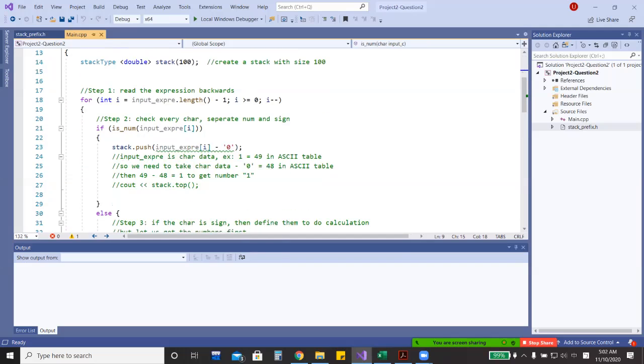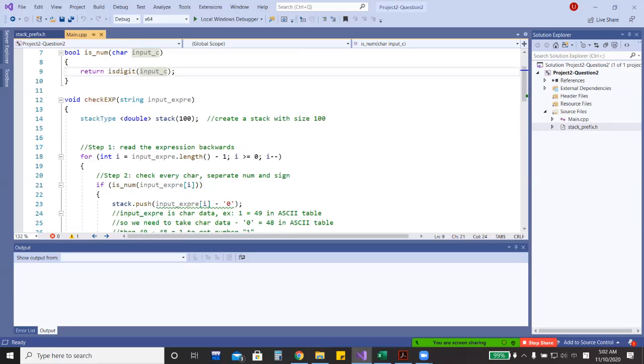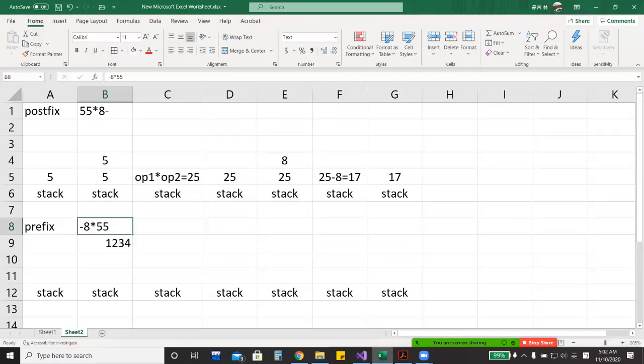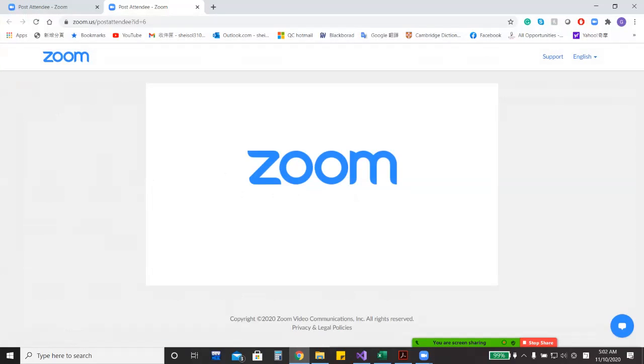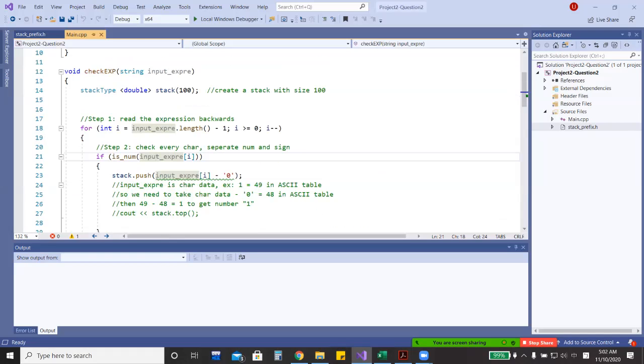So let's take a look at my first character, which is 5. 5 here is a number, so this is true.